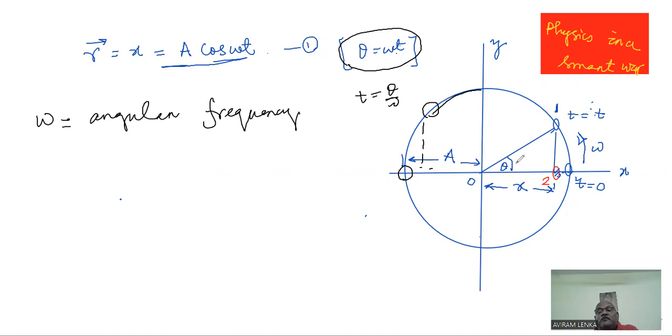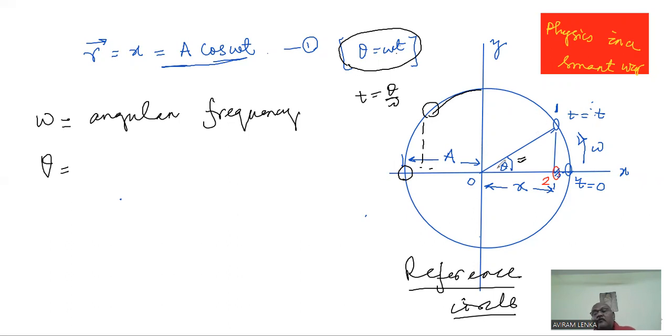Okay. Here, the theta. Sorry, I have forgotten to mention it. This circle is known as the reference circle. If the reference circle is shown, then if somebody asks what is theta, you may say that theta is the angle that the main body has made at the center with respect to the initial position at a time t.